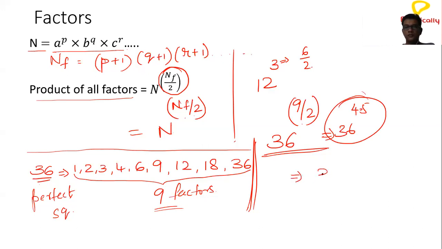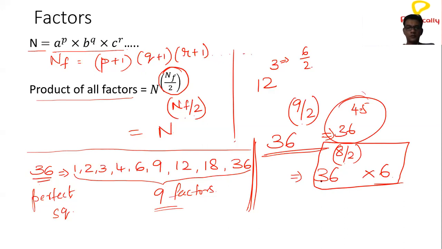It is going to give me 36 power 4.5, which is not possible. So what I have to do is 36 power 8 by 2 into 6. Let's see whether you guys are smart enough to understand why I have done this. If you actually look at this value here, see how many pairs you are able to make. You are able to make 1, 2, 3, 4 pairs only. You are not able to make the 5th pair. Do you know why?